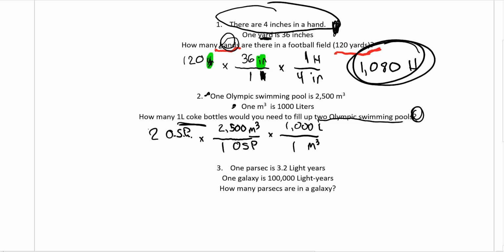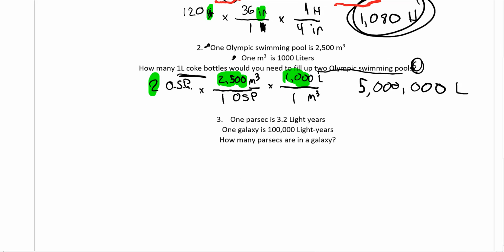So now I have, let me get my highlighter, 2 times 2,500 times 1,000, which is going to be 5 million. 5 million liters in 2 Olympic swimming pools. To fill it up with Coke bottles, it would cost you a ton of money. I'm not going to calculate that, but I could using this exact same process.